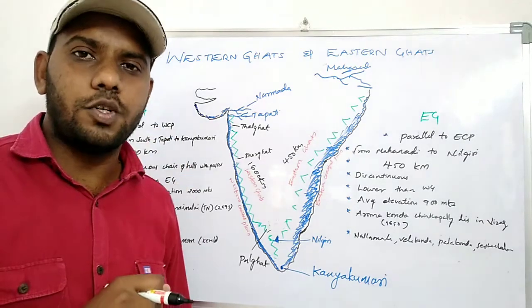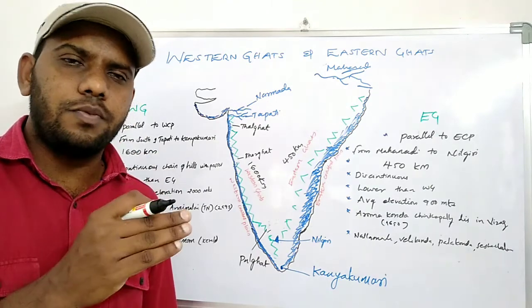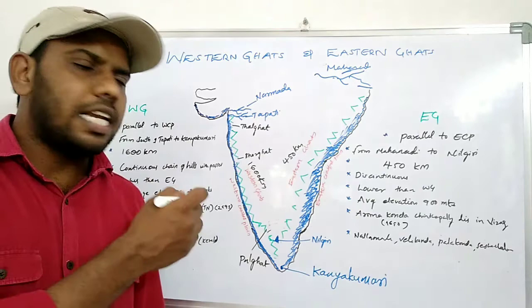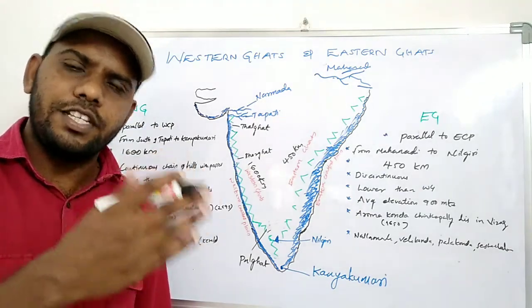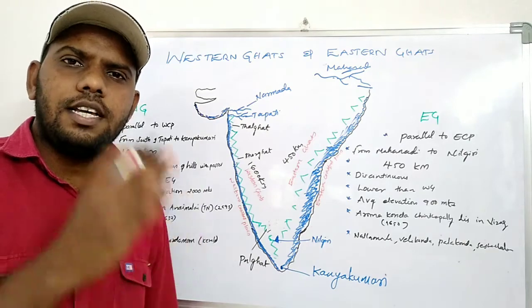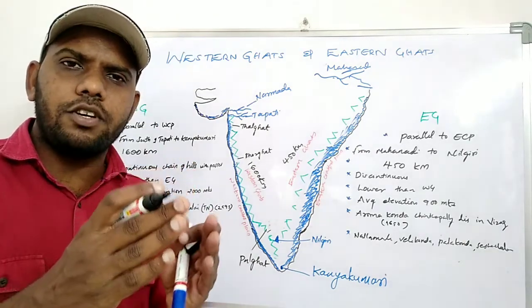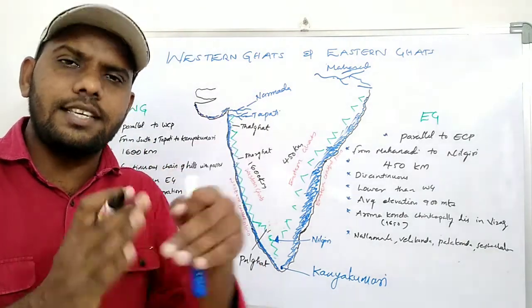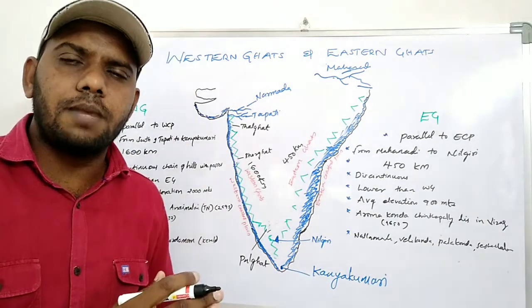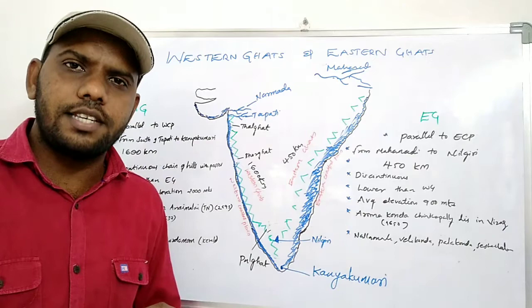So look at the question's variation. First we asked why the rivers of the peninsular plateau flow from west to east, and the answer was that the topography of the peninsular plateau is slightly tilted towards east. Now the question is, why is the topography of the peninsular plateau slightly tilted towards east?